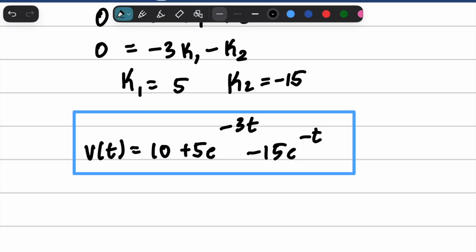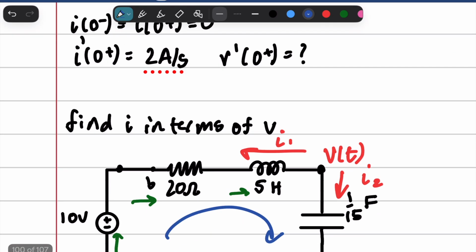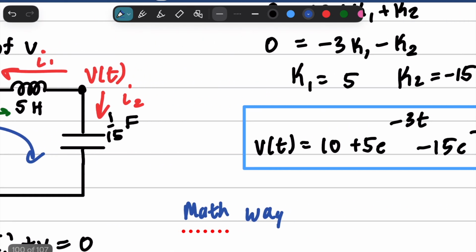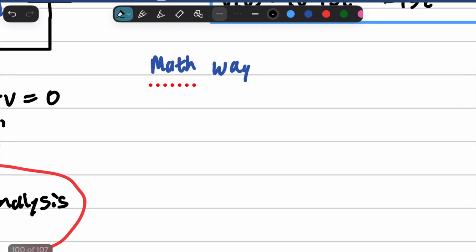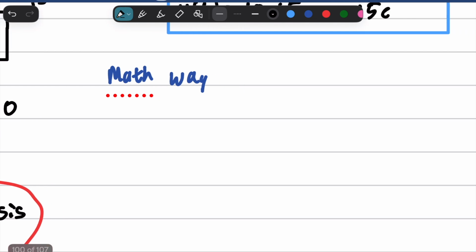Now, the easier way of doing it is actually the math way. So, math way. And you may have figured this out already, but you could literally just get this guy right here, our nodal analysis, and just say it, right? The math way only works if you had found I of t first. So you're going to say, oh, let me make my nodal analysis.